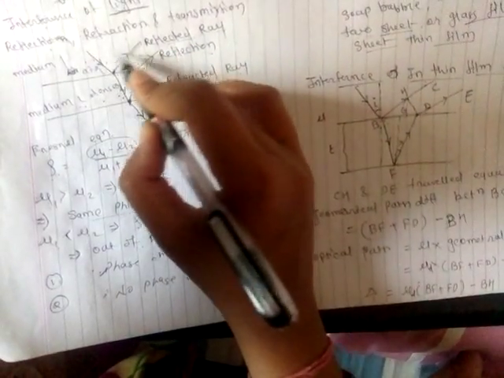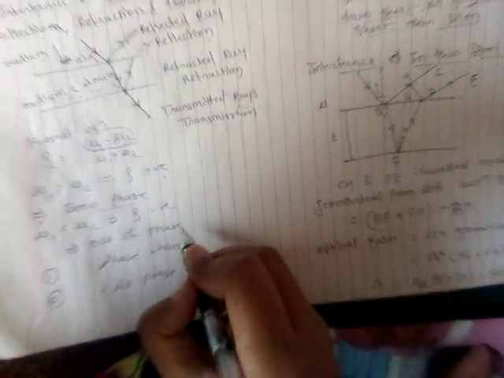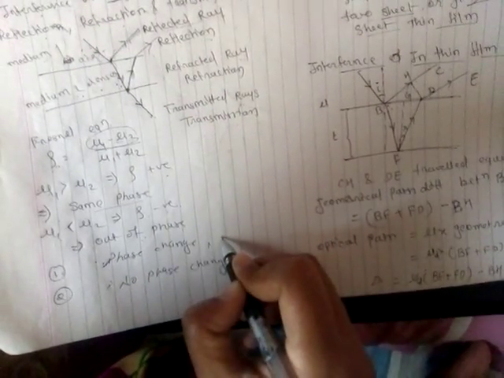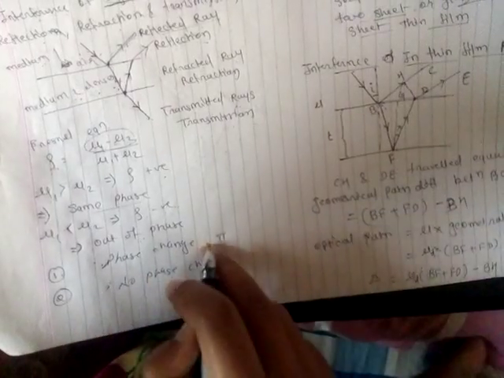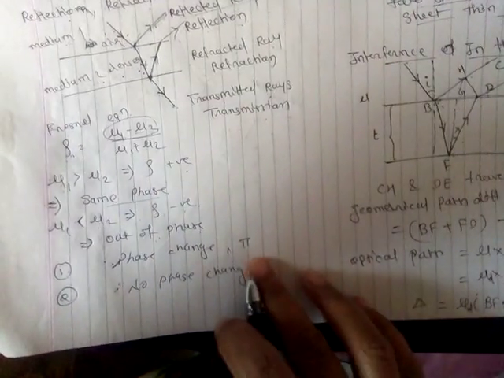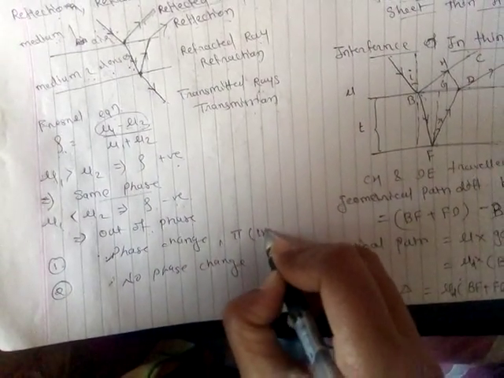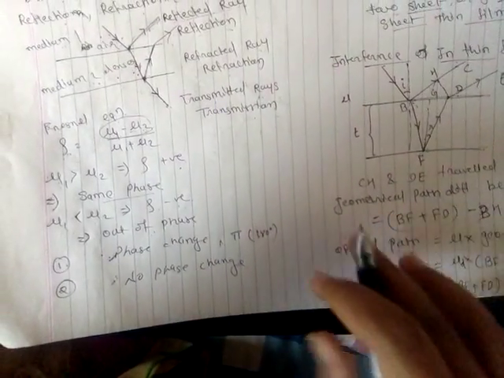These two rays are out of phase, and the phase difference is pi. It means 180 degrees out of phase.